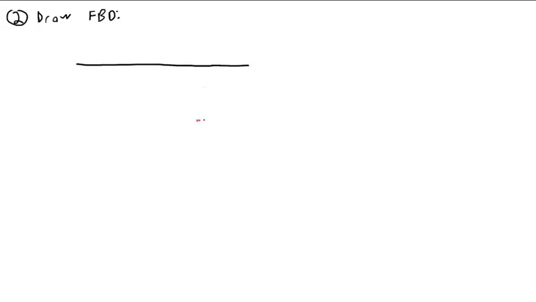We are going to have the forces on here are 60 newtons, 20 newtons per meter, and a 60 newton force.